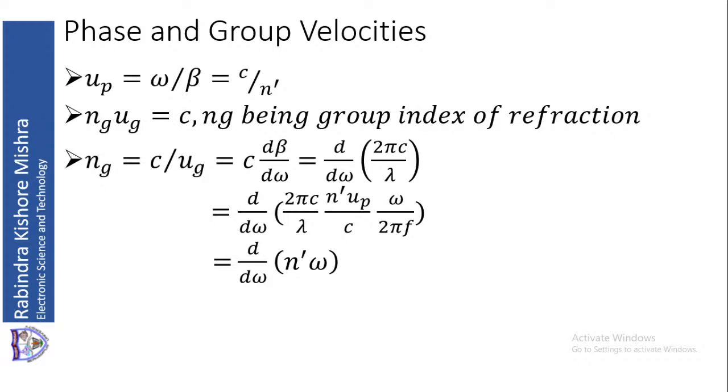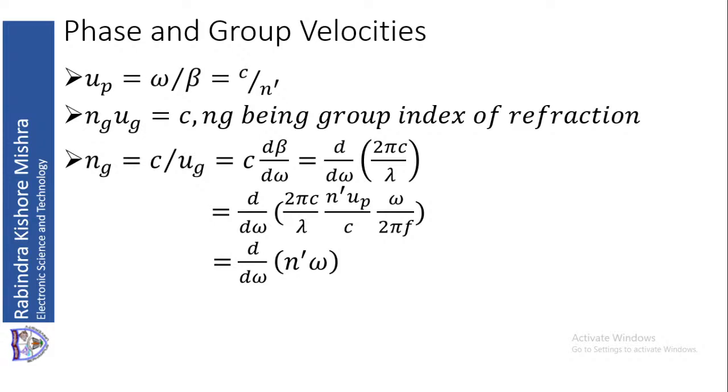If 2 pi cancels out, then omega remains as it is, c cancels out. n dash remains, lambda and 2 pi f cancel out. So ultimately we are left with n dash into omega. So d by d omega of n dash omega.